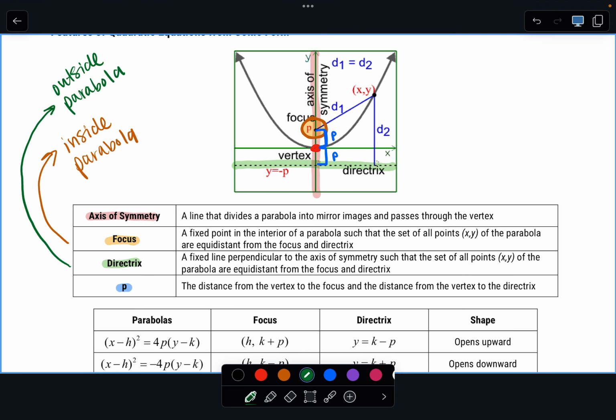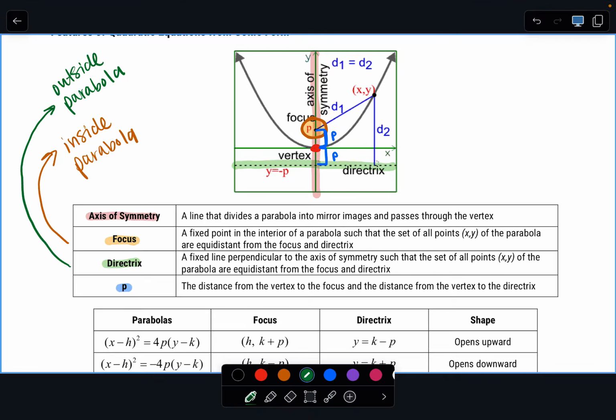Anytime we graph these things, it's going to be upwards, downwards, left, or right. The focus is always inside. It's always getting a hug from the parabola. The directrix is always outside, and it's always a line.